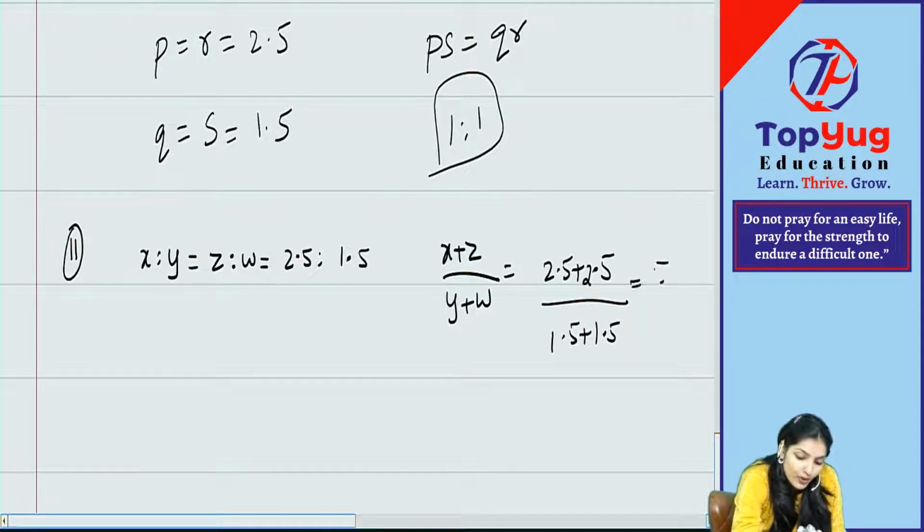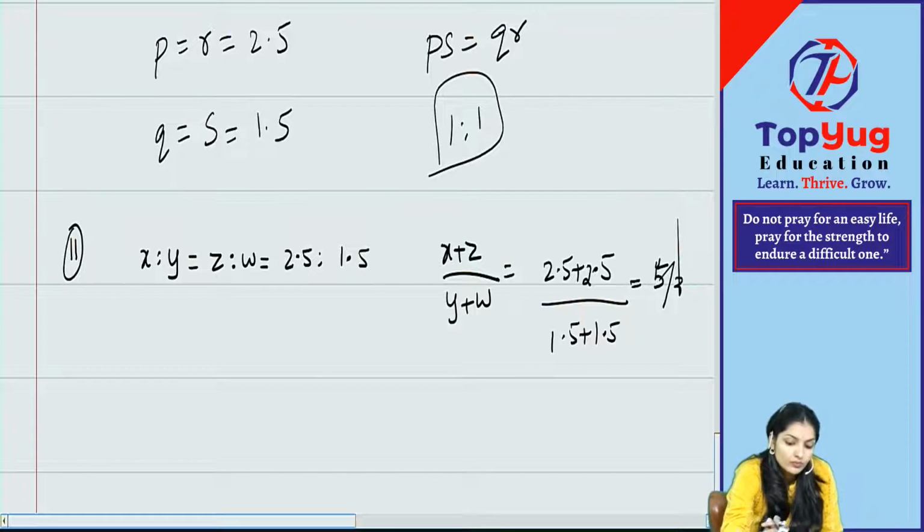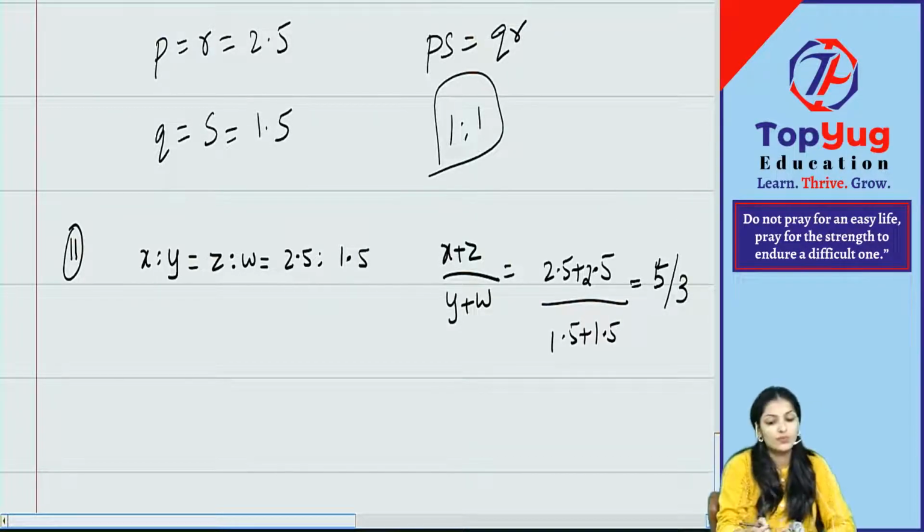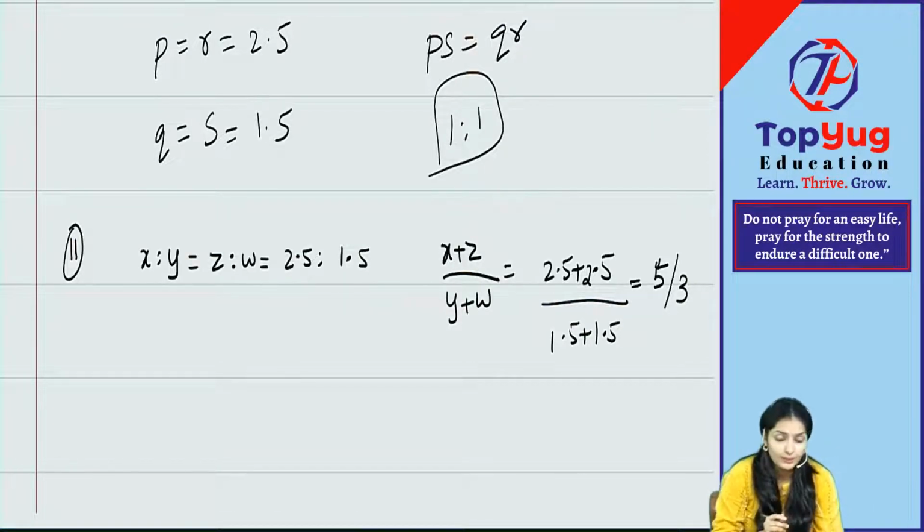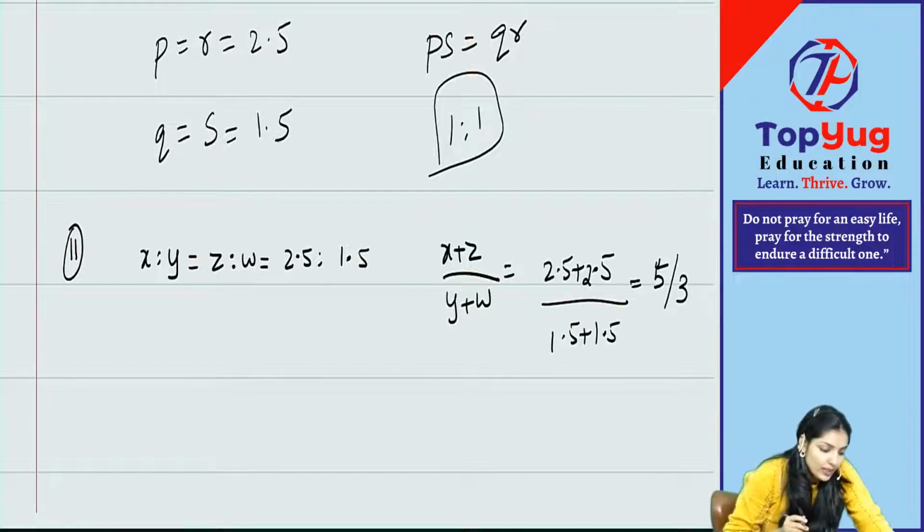So 2.5 plus 2.5 divided by 1.5 plus 1.5 is 5 by 3. Now the 12th one.